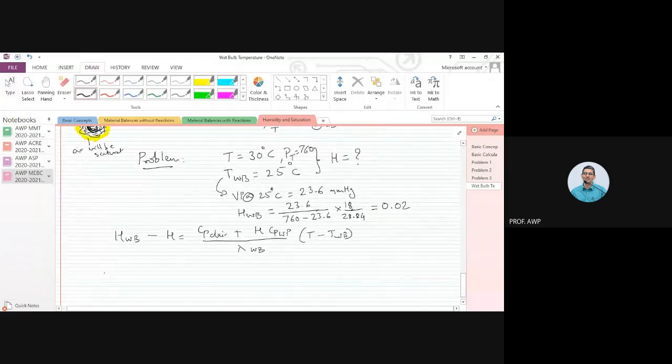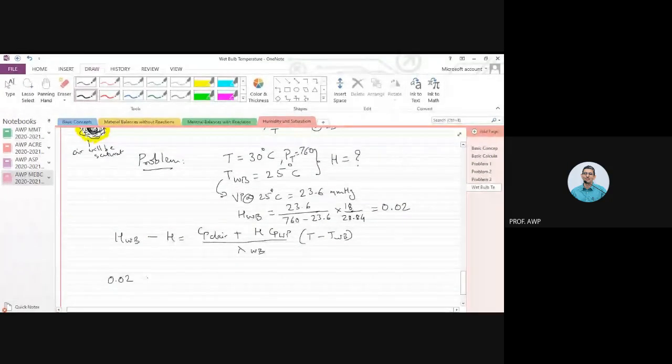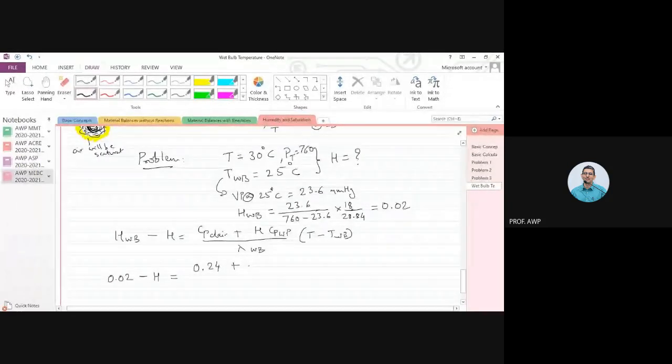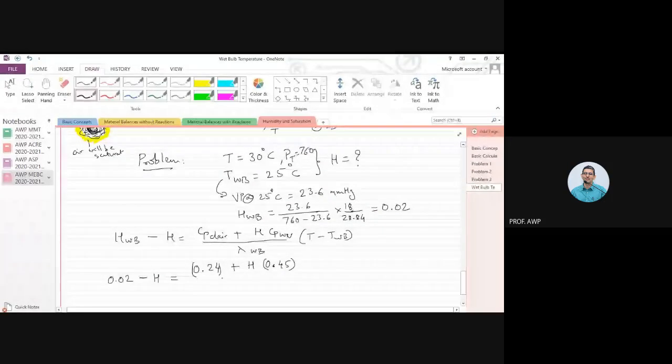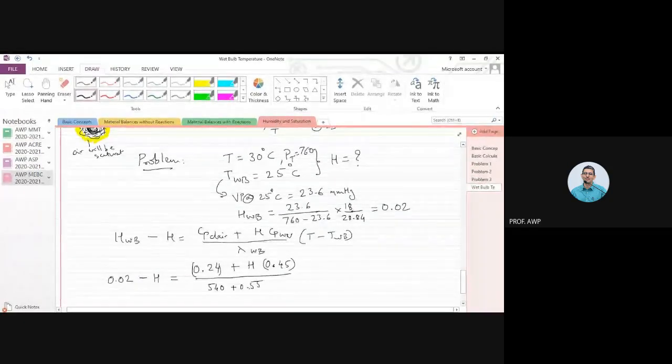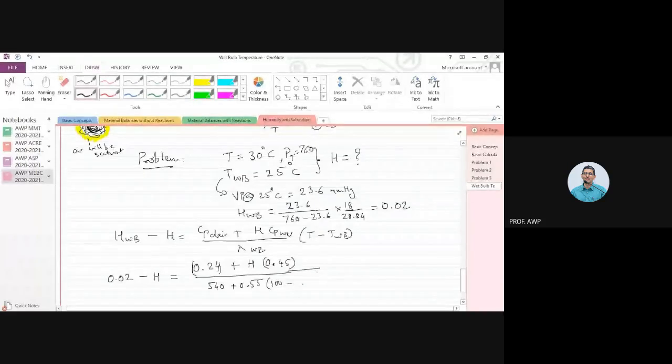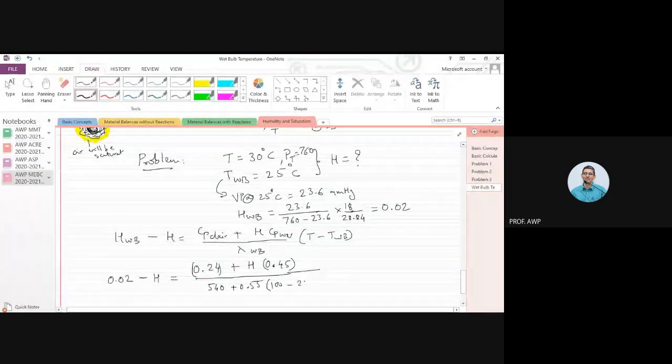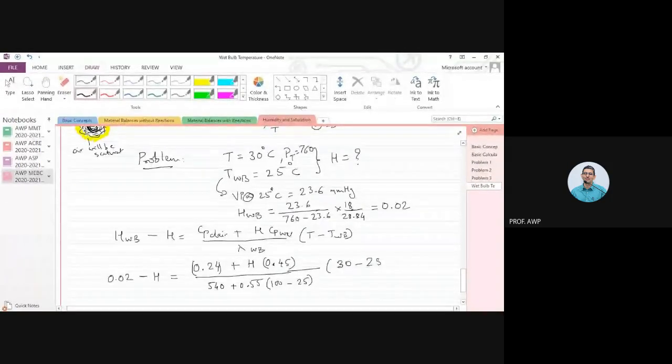HWB is 0.02 minus H, Cp of dry air 0.24 kilocalories per kg per Kelvin, plus H times Cp of water vapor 0.45, divided by lambda at the wet bulb condition, 540 plus 0.55 into (100 minus 25), times temperature 30 minus the wet bulb temperature 25.